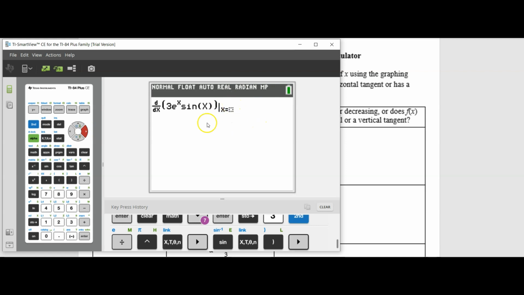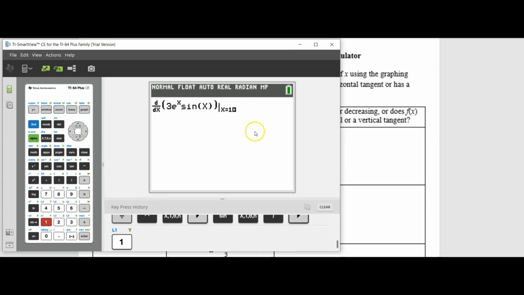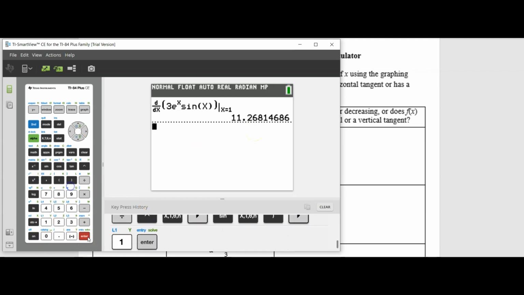And then x equals is what you're evaluating the derivative at, a certain x value. So in this case, our x value is 1. That is where we are evaluating. And then I just hit enter. And in this case, our derivative value is 11.268, rounded.